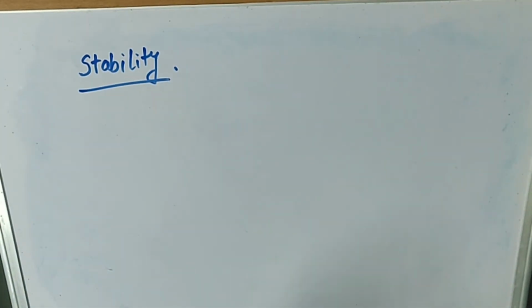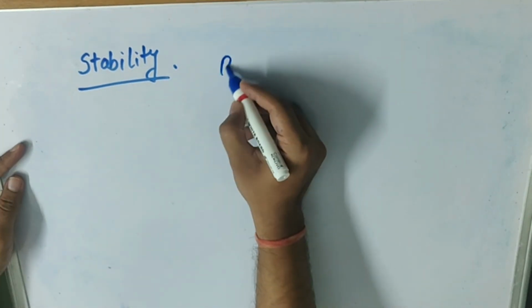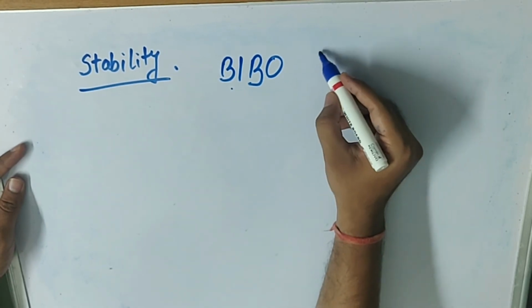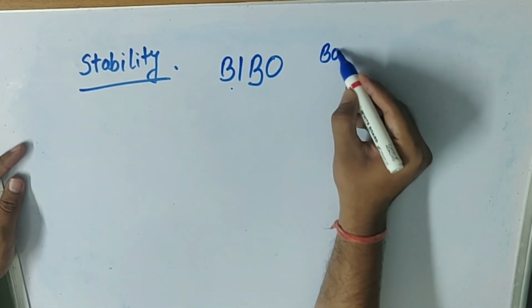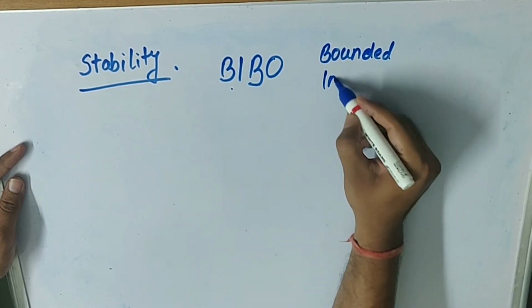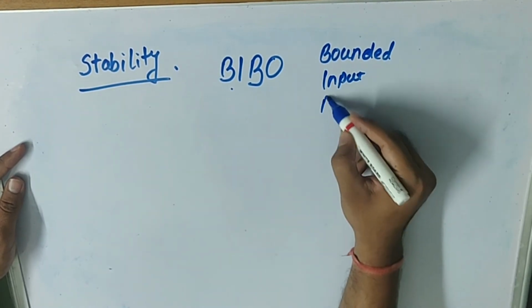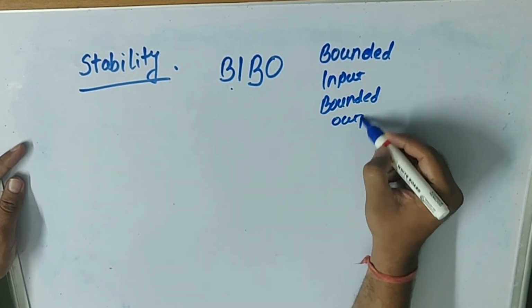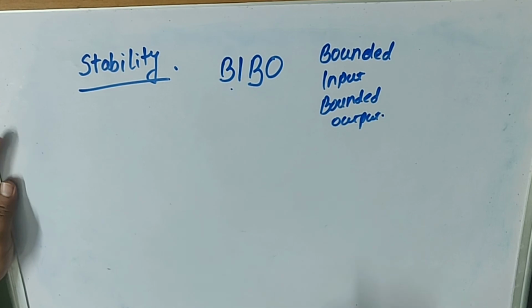So here we talk about stability in a BIBO manner. BIBO. This is bounded input, bounded output. What does it mean?